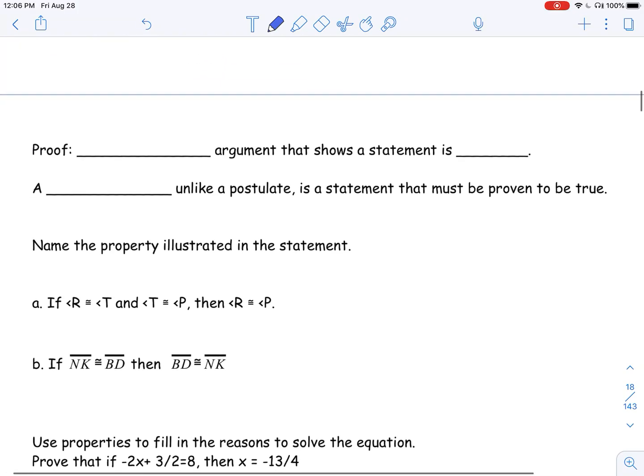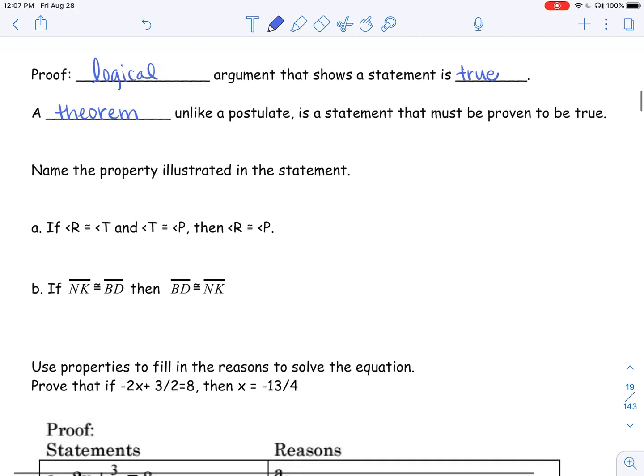So, a proof is a logical argument that shows that a statement is true. And a theorem, unlike a postulate, is a statement that must be proven to be true. In our theorems, we're going to have lots of if-then statements.